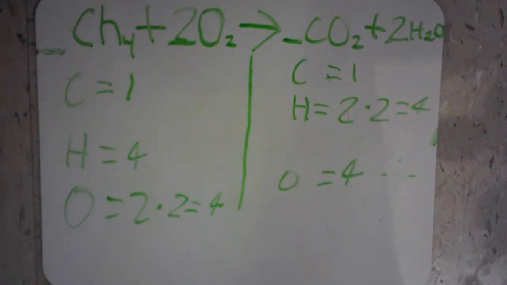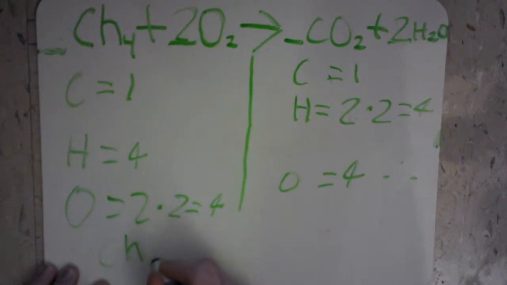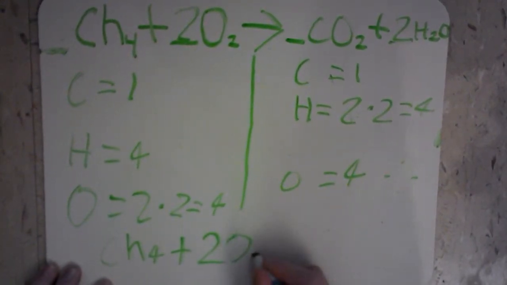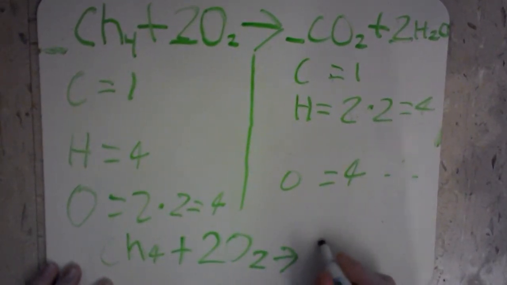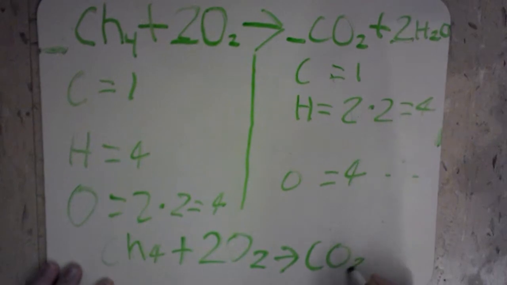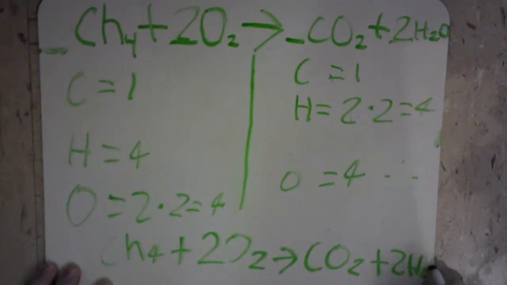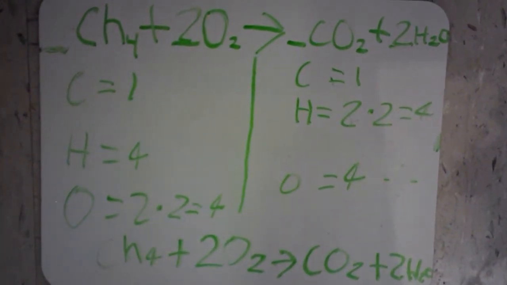Now you just have to write it down. Running out of room there. H2O. And that's how you balance a chemical equation.